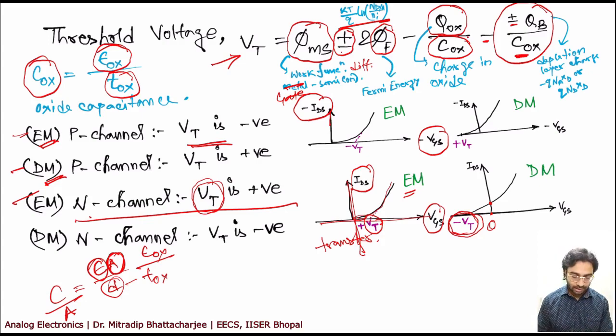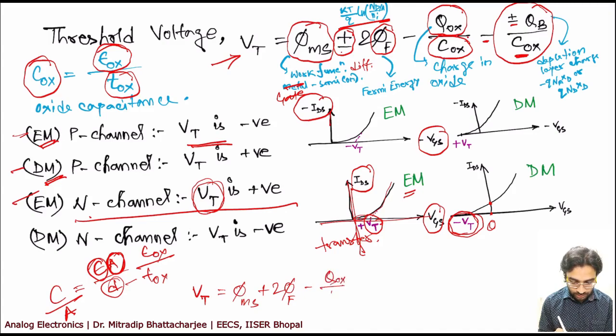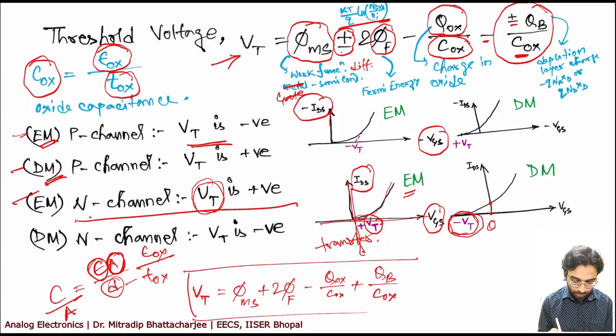Okay, so if I write the equation for NMOS, it will be Vt equal to phi ms plus 2 phi f, that is Fermi energy, minus Qox by Cox plus Qb by Cox. This is for NMOS.